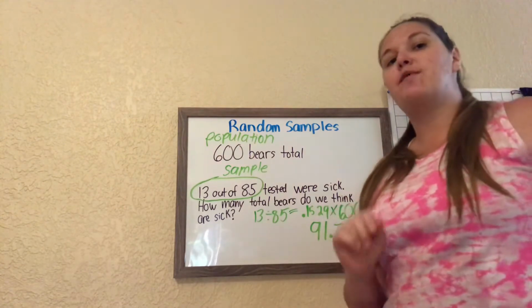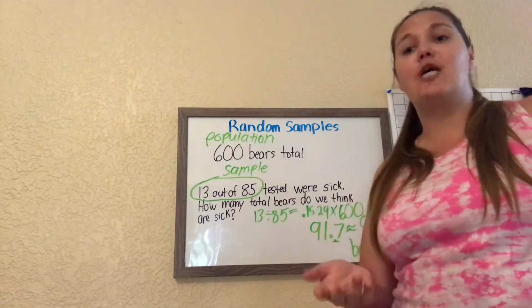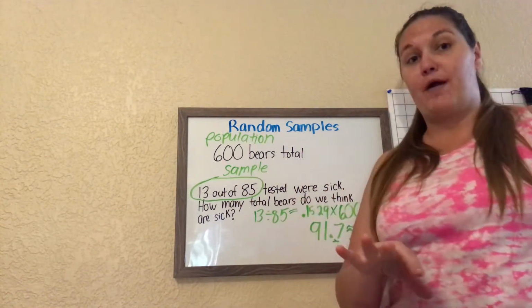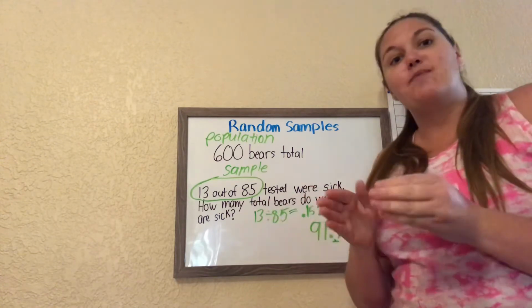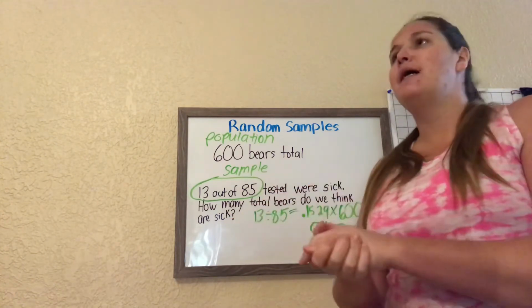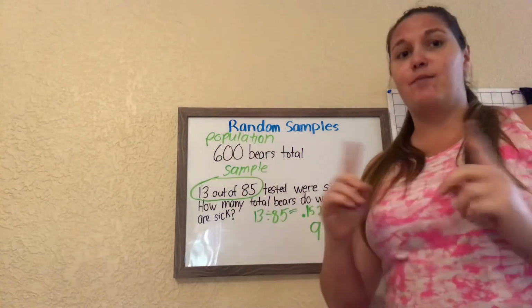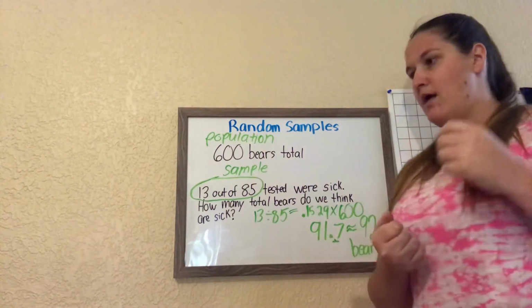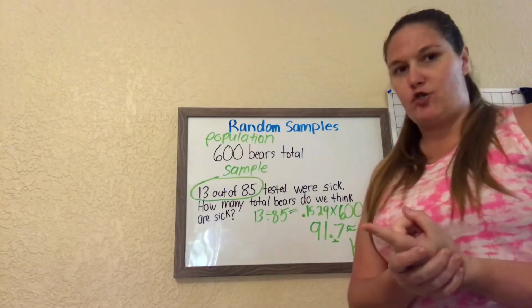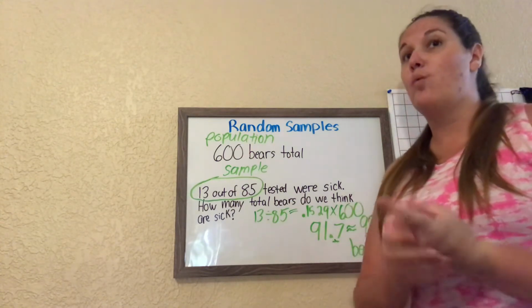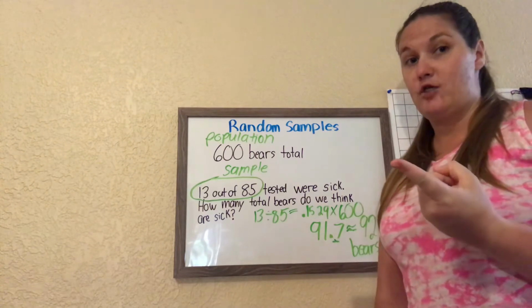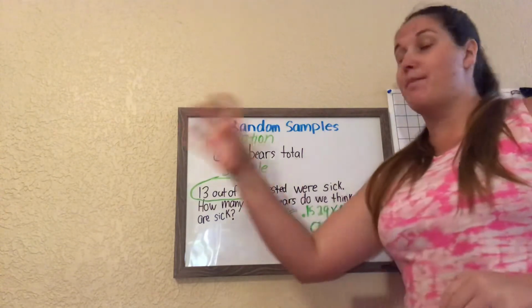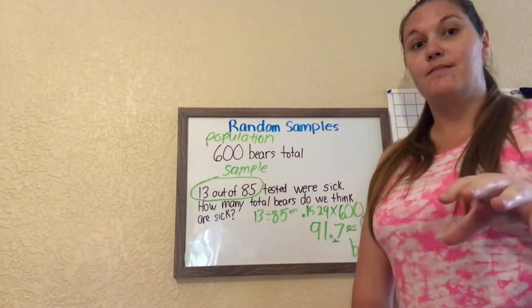Anytime a question is presented to you and you're trying to gauge whether it's random or biased, biased means that they're kind of picking sides. If you're trying to figure out if it's random or biased, you have to think to yourself, well, did they mention any restrictions? So, was it only people of a certain age? Is it only male or only female?